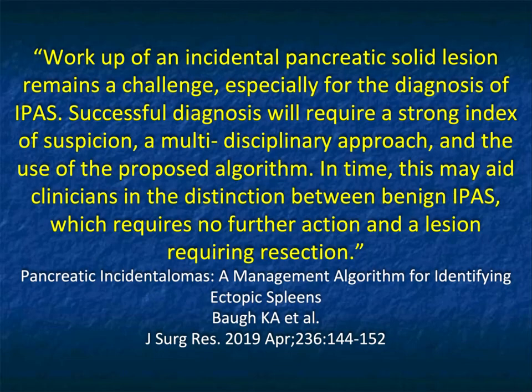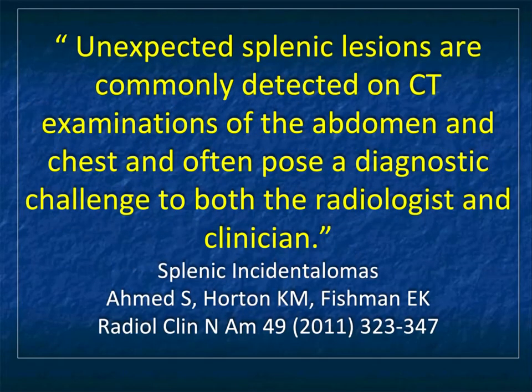One of the nice things about accessory spleens, they enhance identical to a normal spleen with a moire pattern, and the enhancement is identical. Okay, so that indeed becomes very, very important. If you make the mistake of calling something a neuroendocrine tumor and it's not, the patient will typically end up with a distal pancreatectomy.